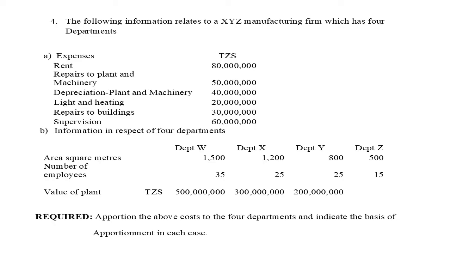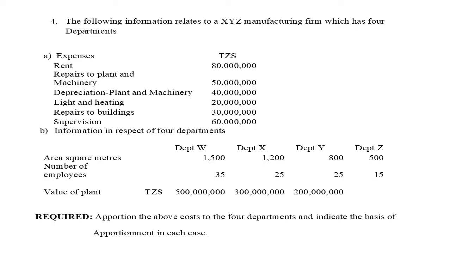But again, we have a clue. This clue helps us to share those costs among the 4 departments. The information that we have is the area in square meters.